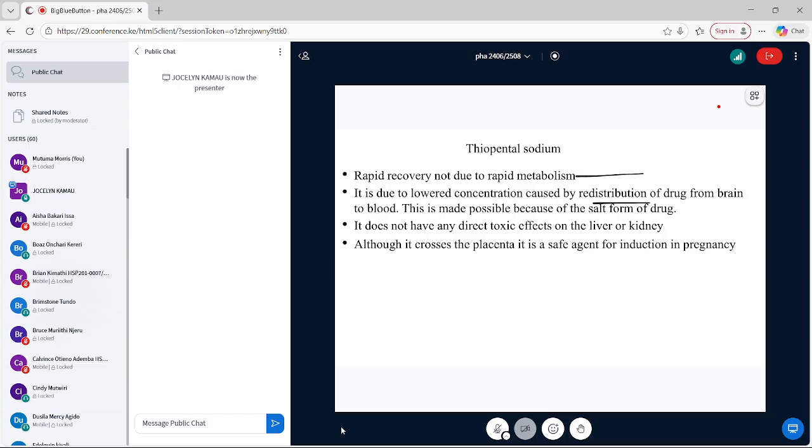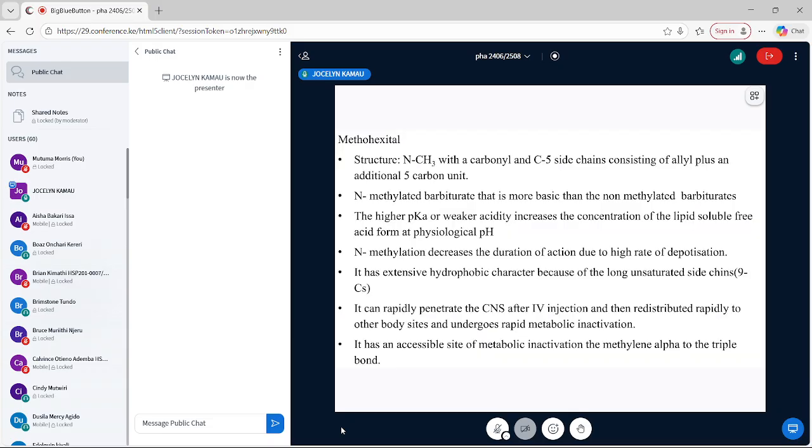The salt is to improve its solubility in the blood. Once it undergoes dissolution in the blood, undergoes equilibration, you have the molecule that is unionized with very high lipid solubility, passes the membranes, gets into the brain, brings the effect, redistribution into the fat, and then it moves into the blood, and then it gets into the liver for metabolism through desulfuration into the pentobarbital, and then after that, it is removed from the body. I hope you have understood that.